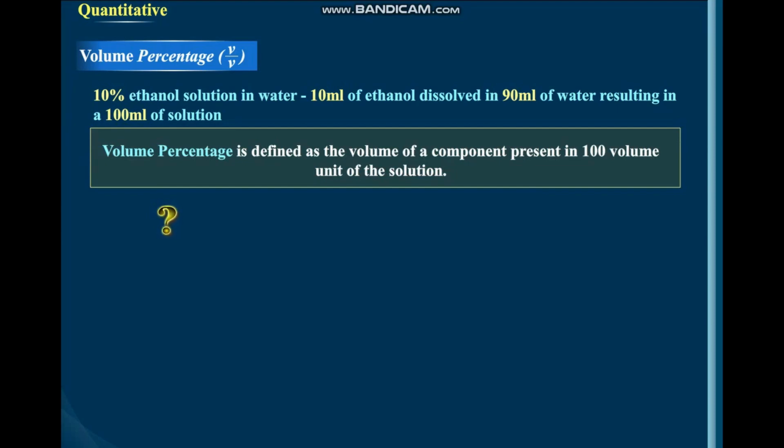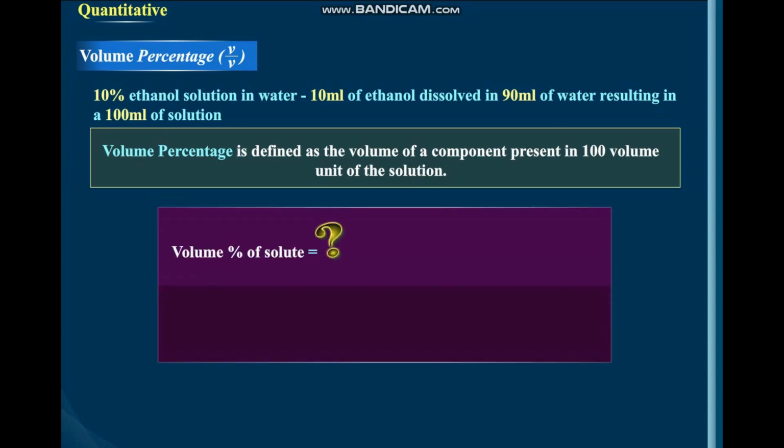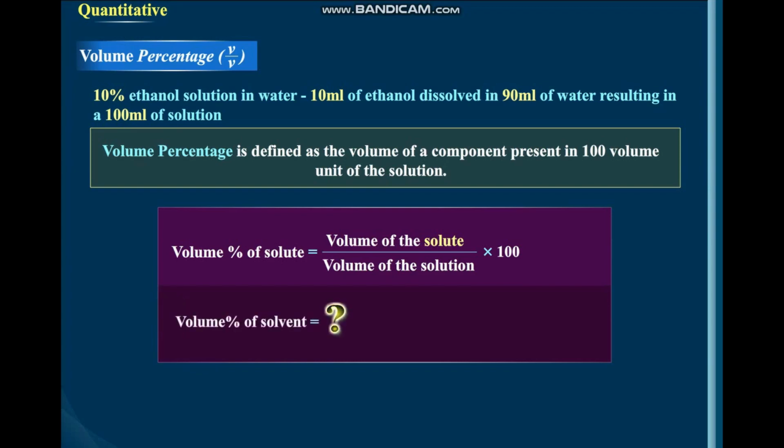Volume of the solution would be volume of the solute plus the volume of the solvent. Volume percentage is defined as the volume of a component present in 100 volume units of the solution. That is, volume percent of the solute is volume of the solute divided by volume of the solution into 100.